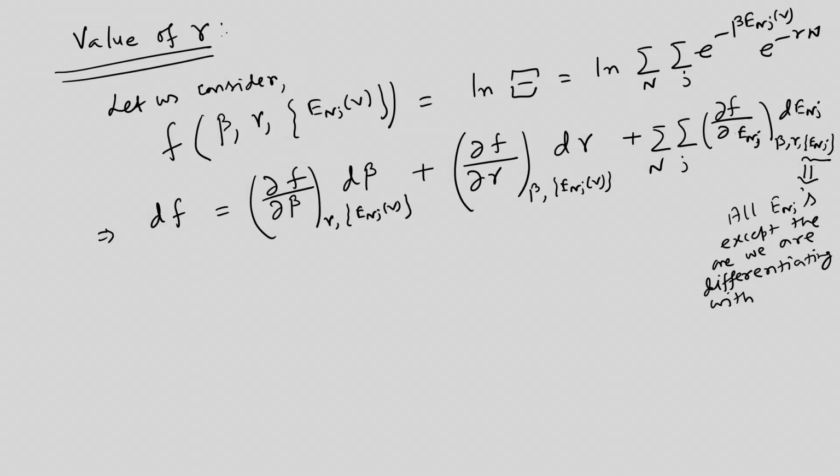Okay, so we get df is del f by del beta times d beta, where gamma and E n j are constant, then del f by del gamma times d gamma, where beta and E n j's are constant, and plus sum over n sum over j del f by del E n j times d E n j. Here beta, gamma and all E n j values are constant except the one we are differentiating with. So we can further simplify this expression as df, and this first term is nothing but average of energy.